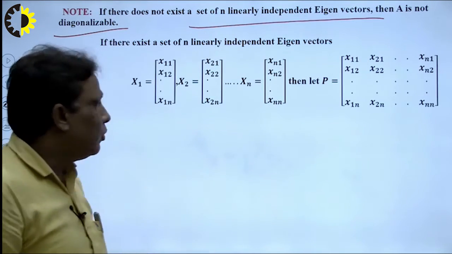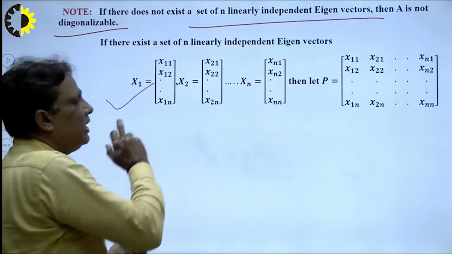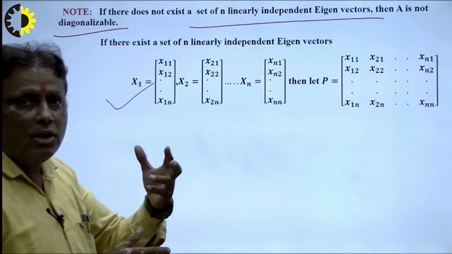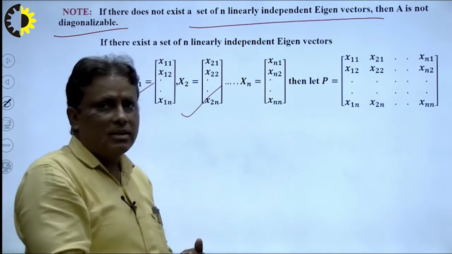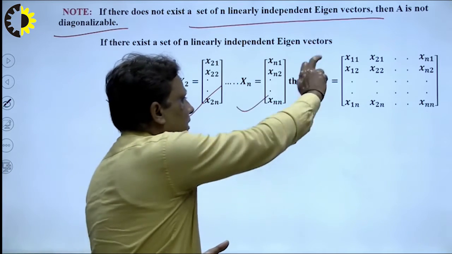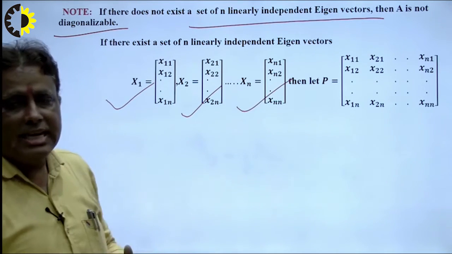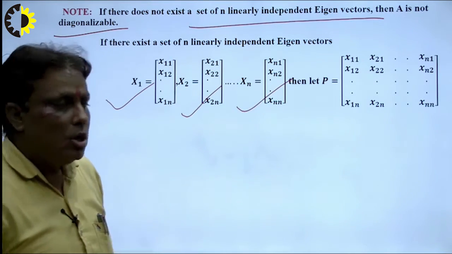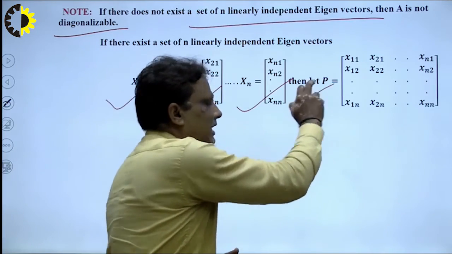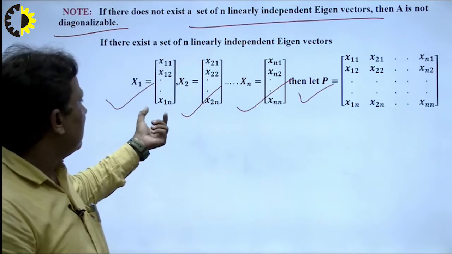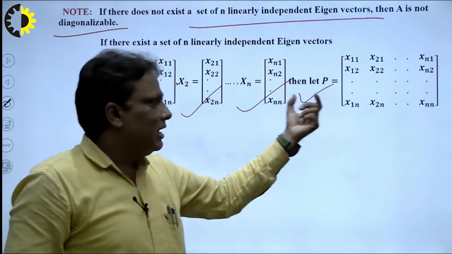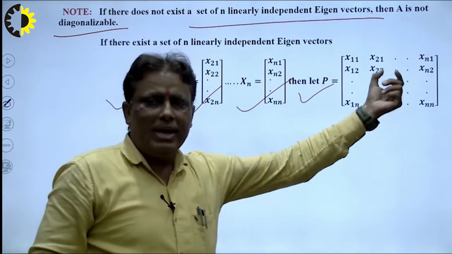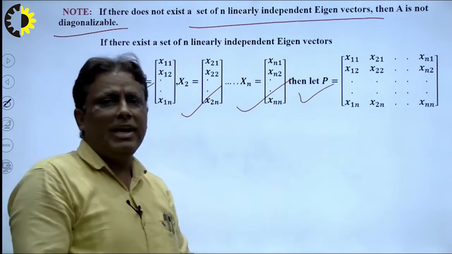Suppose x1 is the eigenvector corresponding to one eigenvalue, x2 is another eigenvector and xn is another eigenvector. Then we can form a model matrix P. As I explained in the previous lecture, the first eigenvector will be the first column, the second eigenvector the second column, the third eigenvector the third column, and the nth eigenvector the nth column.